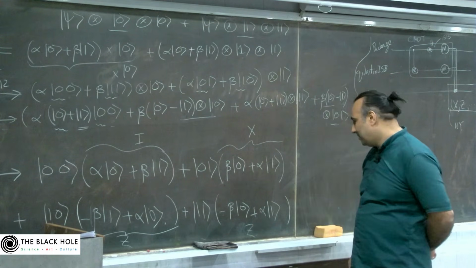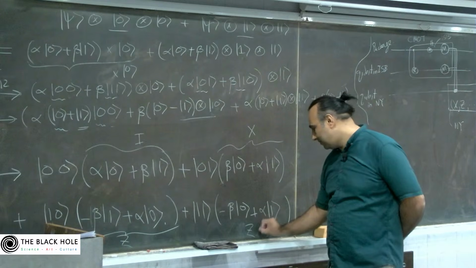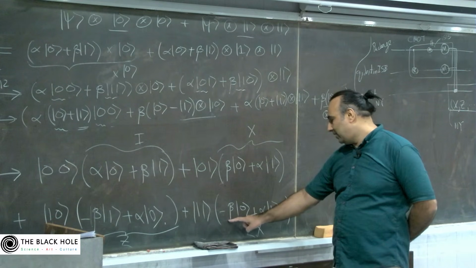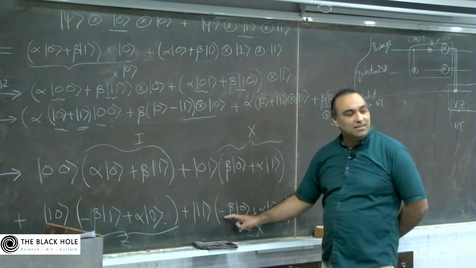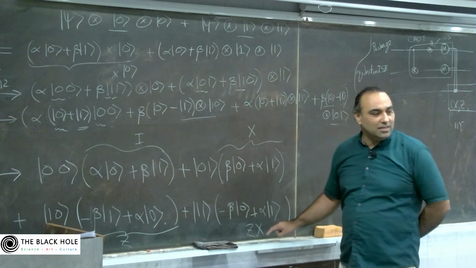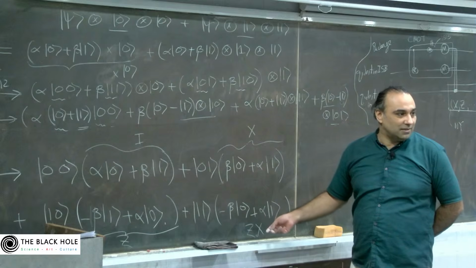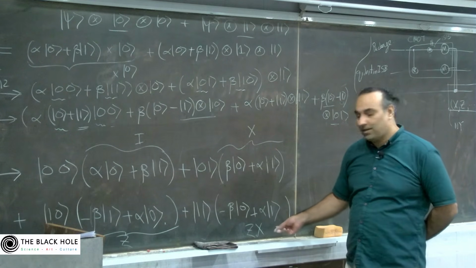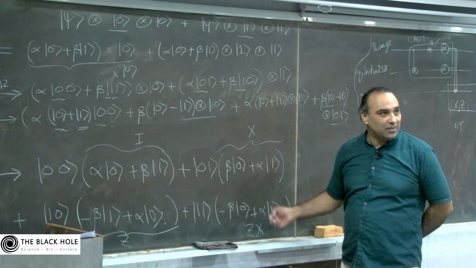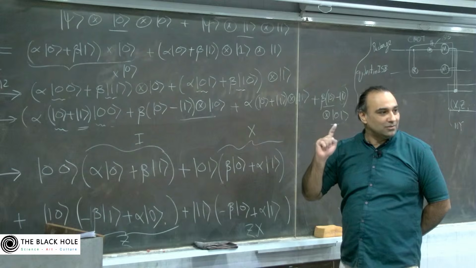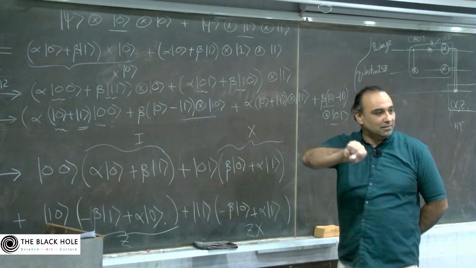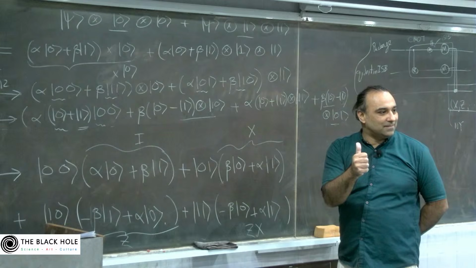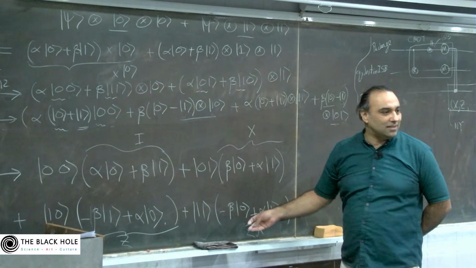So first X, so X goes there, X0 plus beta 1. This sign stays the same, so if they want the phase, what they can do is rotate it by 2 pi. If you rotate the state of a qubit by 2 pi like this, then its sign changes actually, but it doesn't matter.